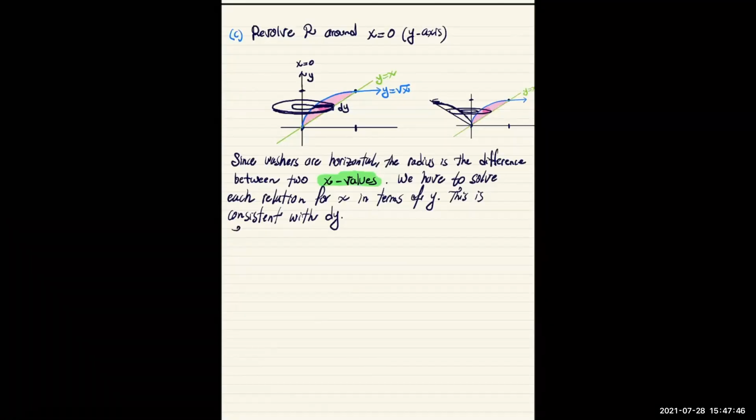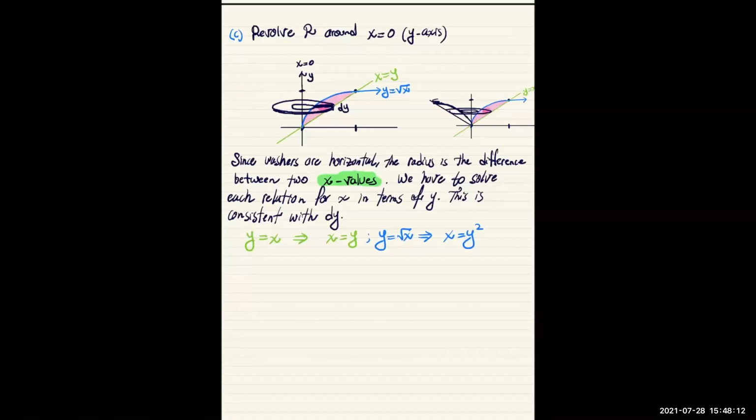Okay, so this is what we're going to do. Y equal to x, I don't need to do anything. X is equal to y. So I'm going to write that as x equal to y. And then we have y equal to square root of x. Square both sides, you get x equal to y squared.